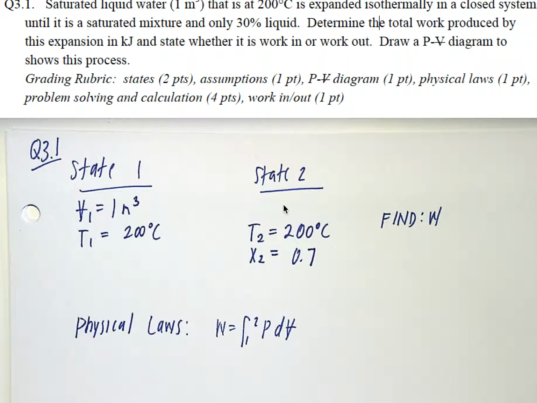So let's start by determining more information about this state 1 and state 2 substance. So we know that it is a saturated liquid, which means that it has no gas component.